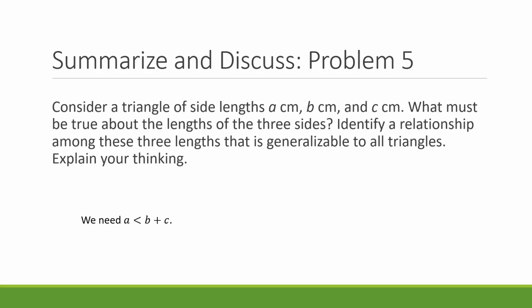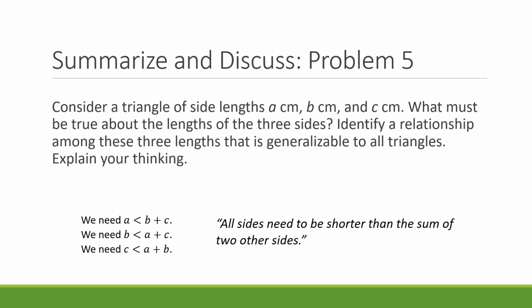If A is the longest, we need A less than B plus C. If B were to be largest, B needs to be smaller than A plus C. By the same logic, if C were to be longest, C needs to be less than A plus B. Combining these three, we can say, in simple words, all sides need to be smaller than the sum of the other two sides. And that is the way to describe this using inequalities.